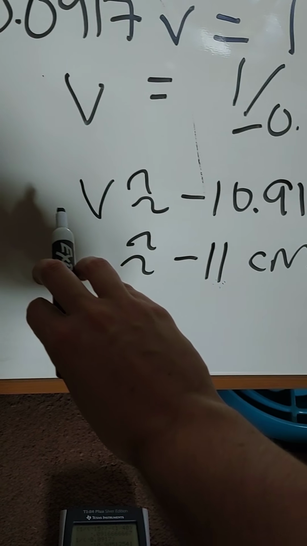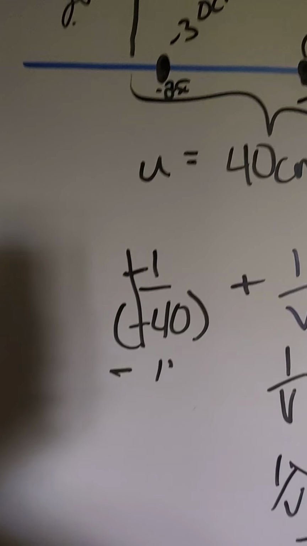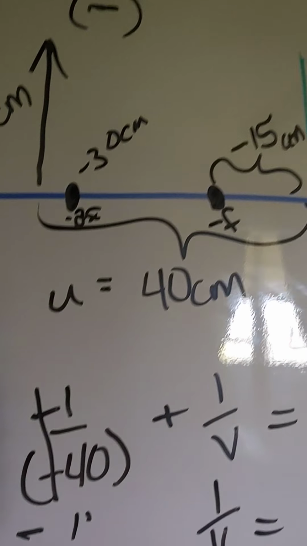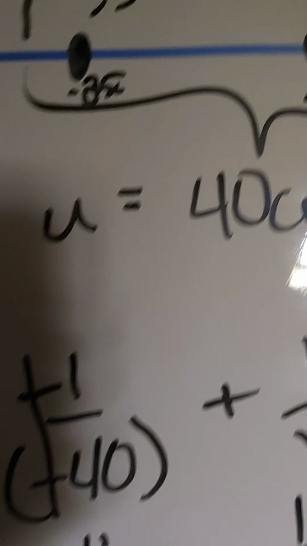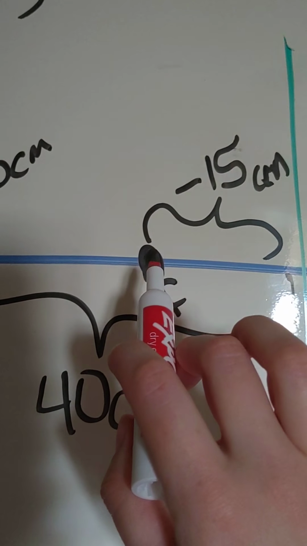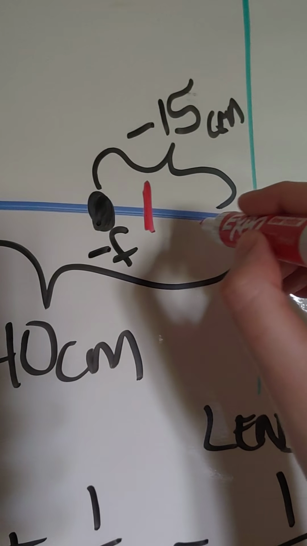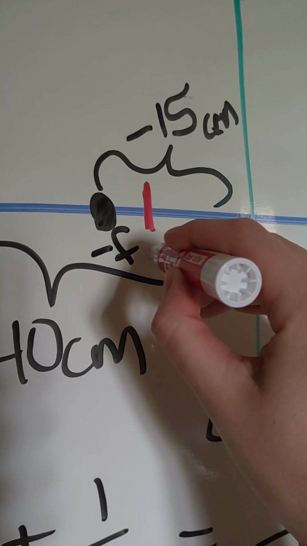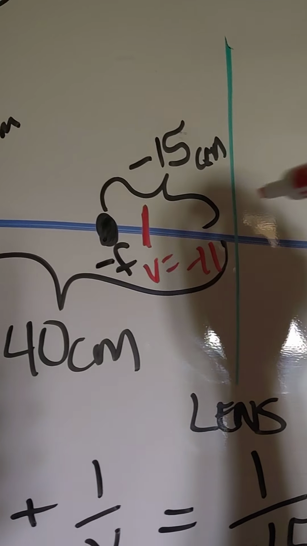So our image is going to be located somewhere up here. Image is going to be up here, and it's going to be minus 11. So this is 15, 11 somewhere in here. V equals negative 11.